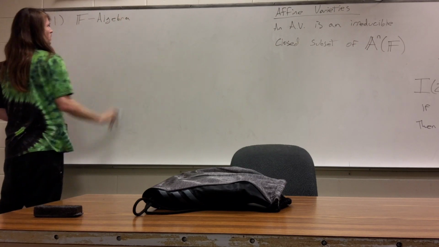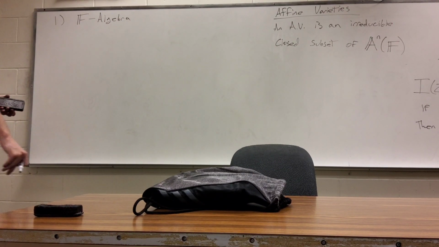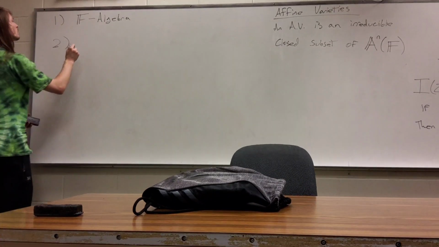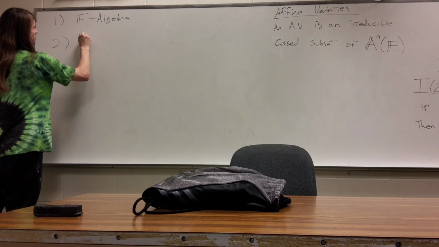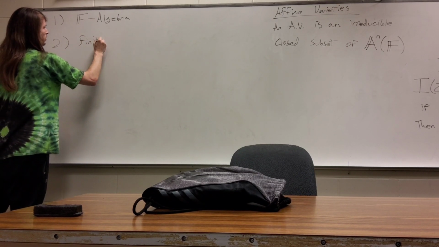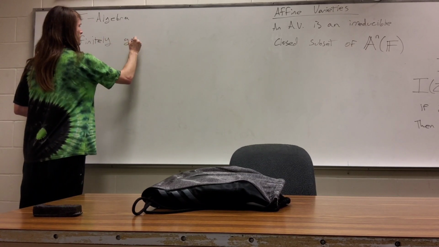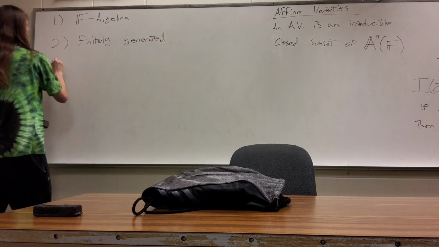They are all algebras over the field that we started with. They're all finitely generated. That's a nice condition. Everybody loves finite generation. It makes life so much easier. And they have no nilpotent elements.